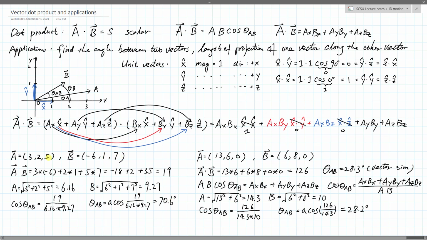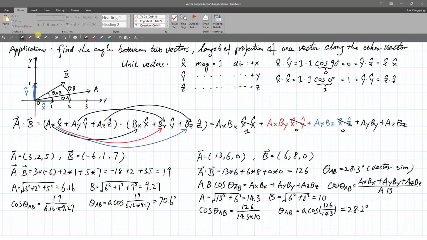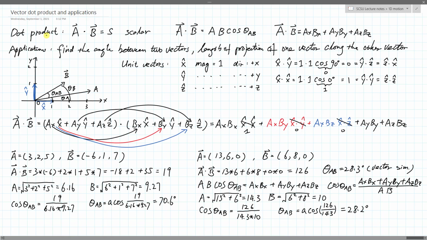So now we have another thing about the length of projection. What was that about? Well, if you look at this diagram here, let's say that A and B are two vectors, and I want to know how long the A vector is projecting into the B's direction. So I can extend this B here. Okay, and I want to do a projection of A. So this will be A's projection along B, right?